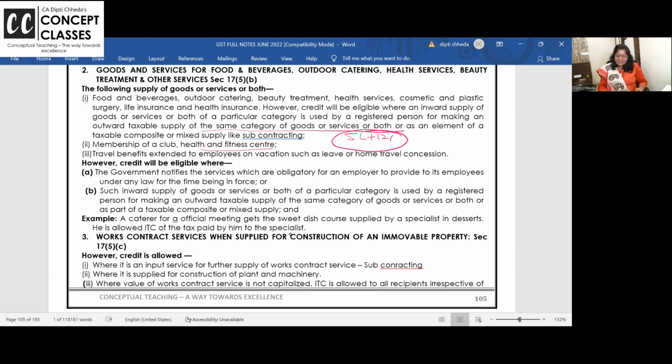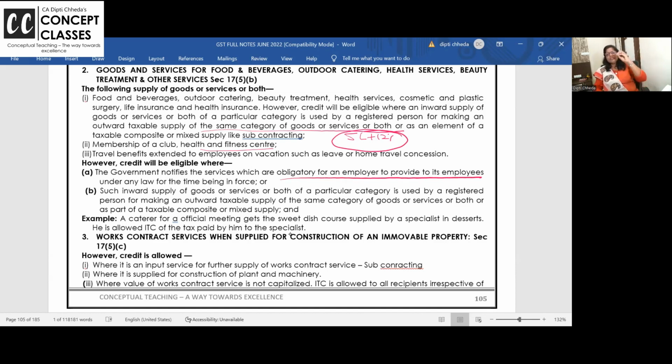Travel benefits extended to employees on vacation, such as leave or home travel concession. Any employee related services if you are giving. Now there is an exception here. Credit will be eligible where government notifies services which are obligatory for an employer to provide to employees.